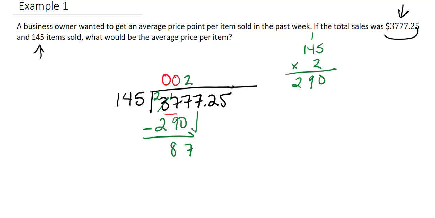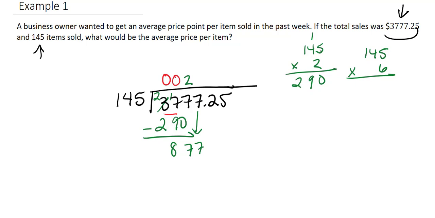Now the next step would be to bring down a 7. So 145 can go into 877 how many times? Well, let's do 145 times 6, because 290 is like 300, and 900 is really close.